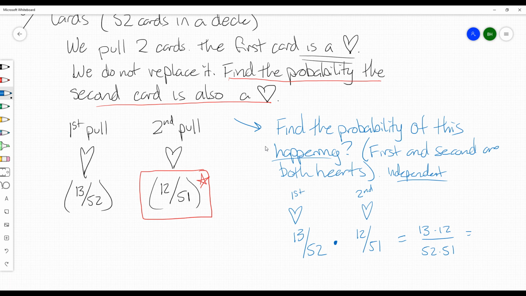And then I could simplify these, and I would get a certain solution that can help me out. So I end up with 132 over 2,652 as my probability of this happening, pulling two different hearts.